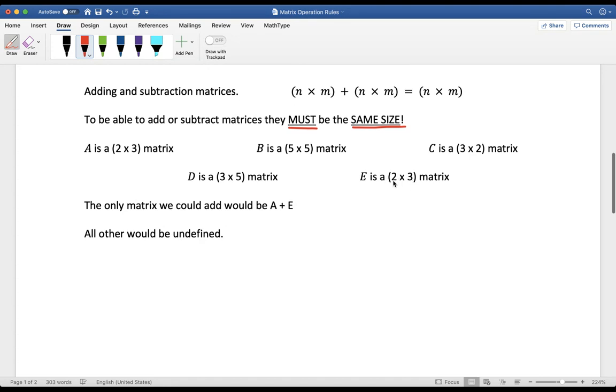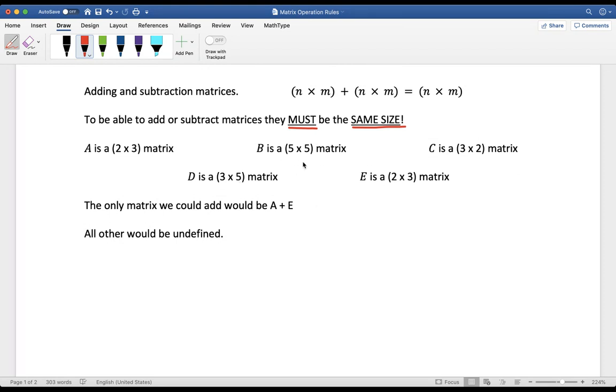Now remember, the first number is the number of rows, the second number is the number of columns, but when we go to add, there would be only 2 of these matrices that could actually be added together. That would be matrix A and matrix E, because they have the same number of rows and the same number of columns.